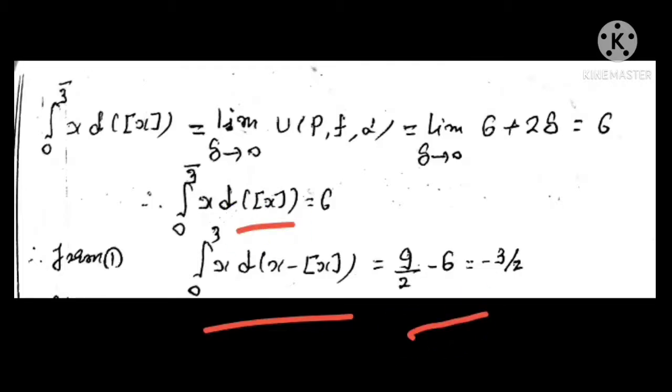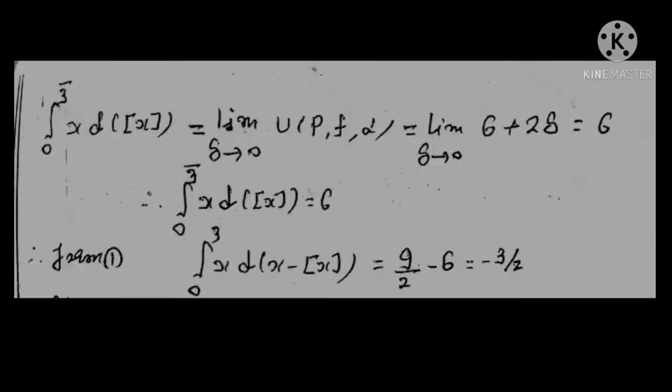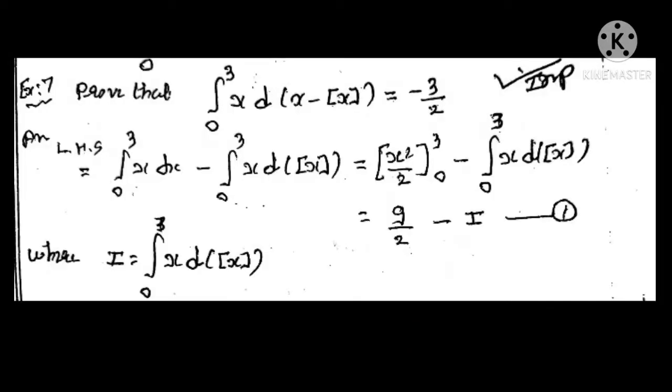So it is equal to 9 by 2 minus 6, which is equal to minus 3 by 2. Therefore, this value is equal to minus 3 by 2.